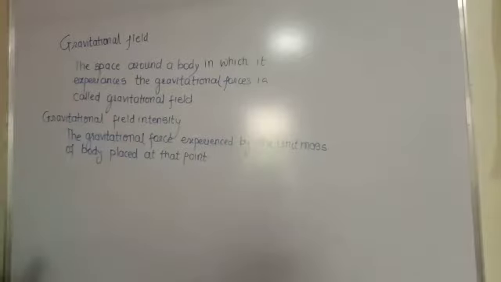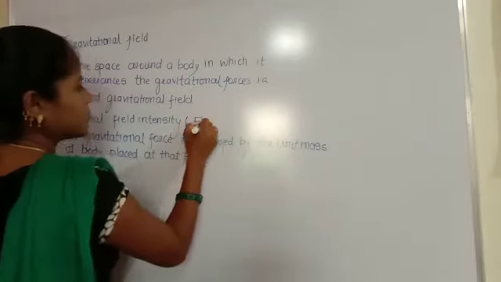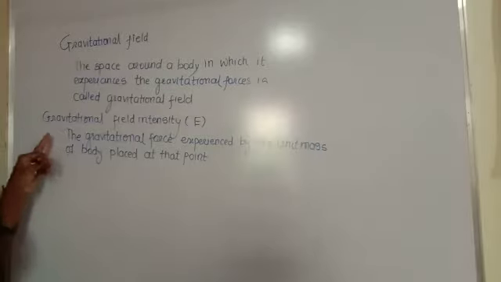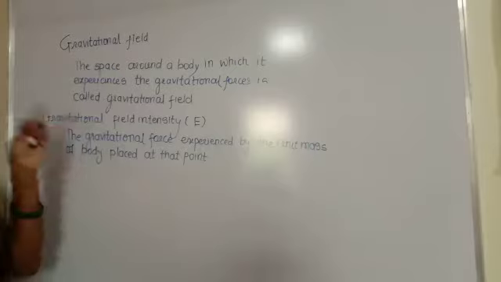Okay, so the gravitational field intensity is denoted by the letter capital E. So the gravitational field intensity at a point is the gravitational force experienced by the unit mass of the body placed at that point.